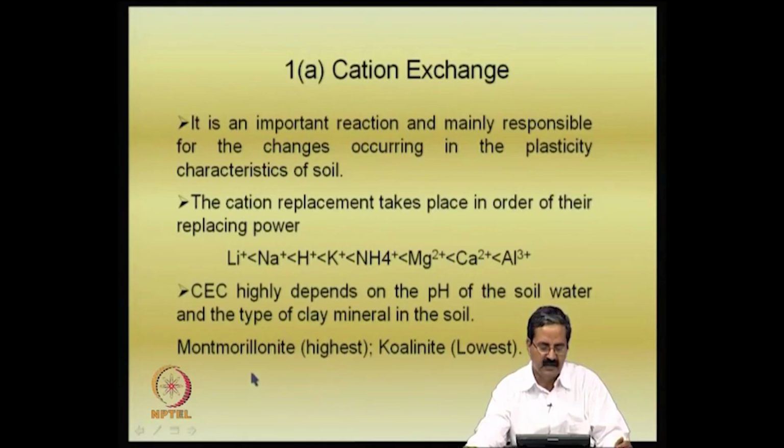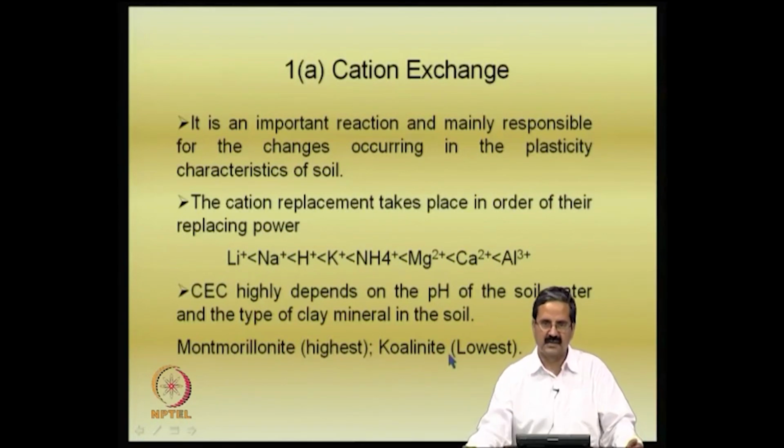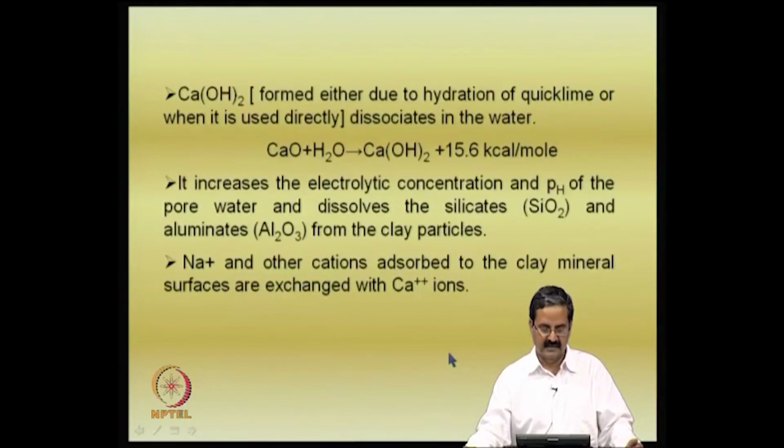The specific surface of montmorillonite is very high, because of which sodium bentonite has the highest cation exchange capacity, whereas calcium bentonite has a much lower capacity, just because of the valency. Some of these things are already well known in geotechnical engineering, particularly when you are studying soil behavior and clays.